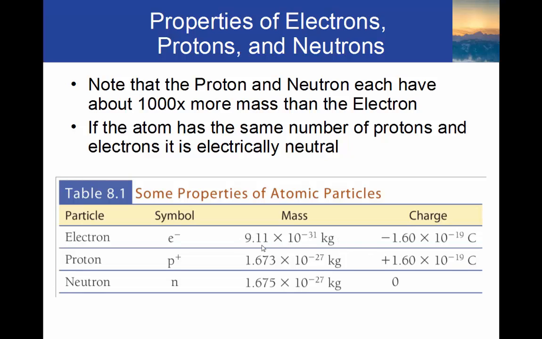So this is barely adding a 1 here. In fact, it's like adding a 9 to this place in this number. So if you were to add together an electron and a proton, you'd get basically 1.6739 times 10 to the minus 27 kilograms.